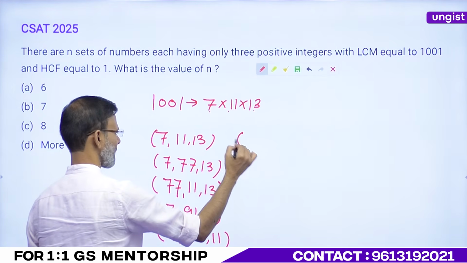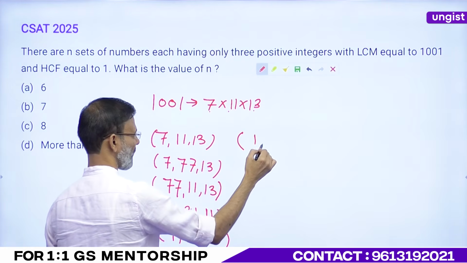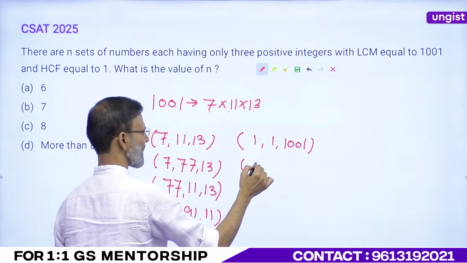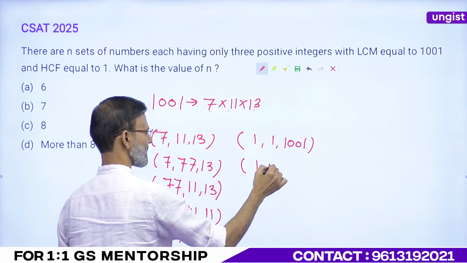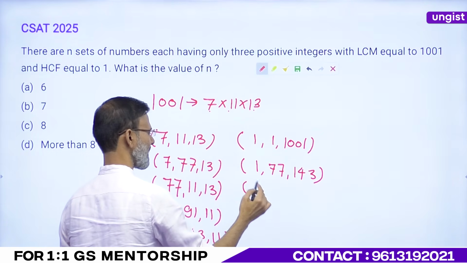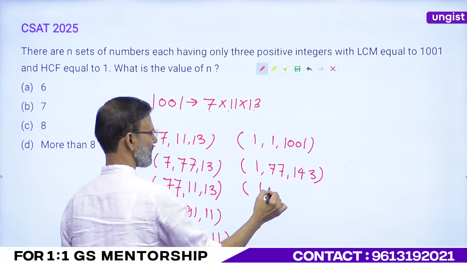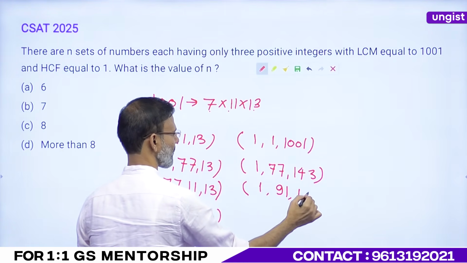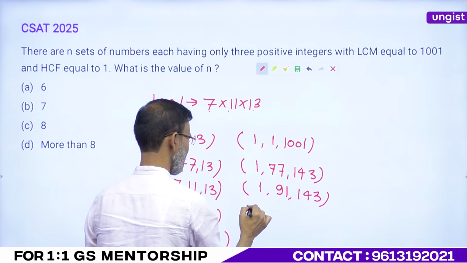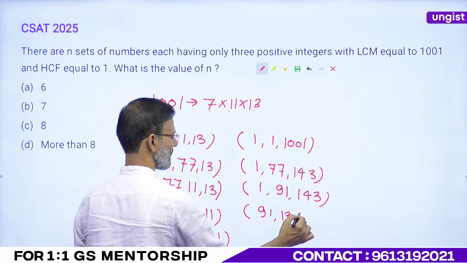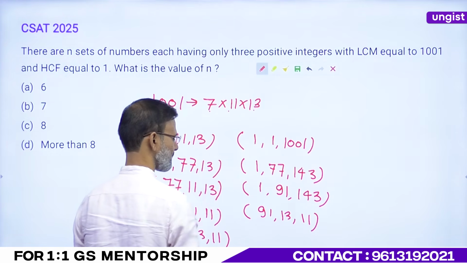The fifth can be 1, 1001... and this can be 1, then 77 and 143, and this can be 1, then 91 and 143, right? The eighth can be 91, 13 and 11.